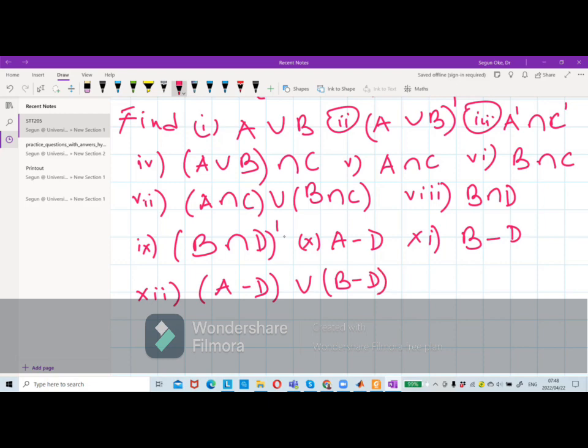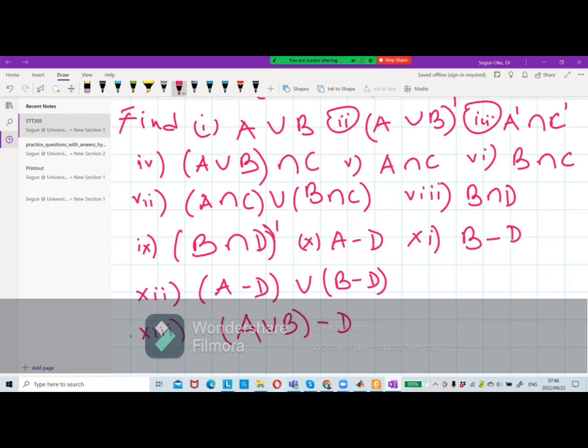Roman figure 13 is (A union B) minus D. Meaning that B minus D is the same thing as the elements in B but not in D. Please take notes.